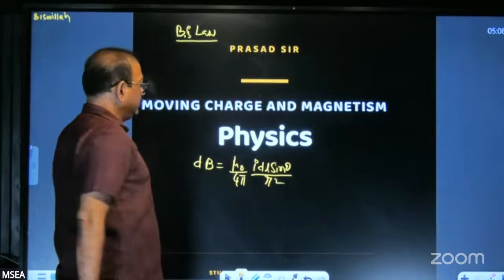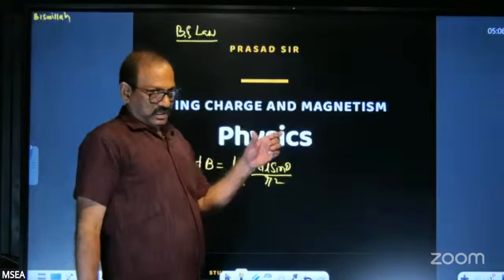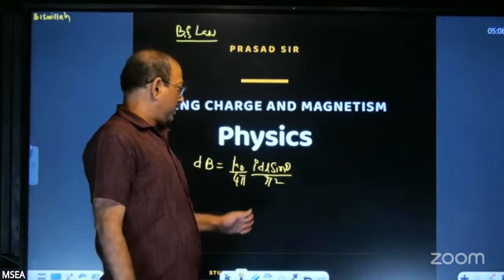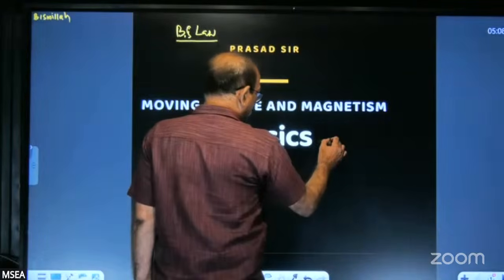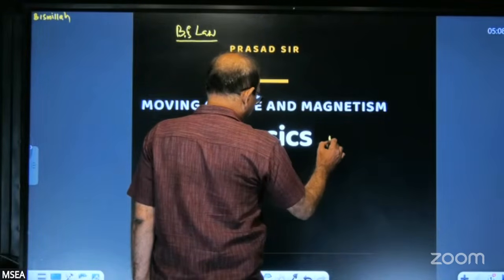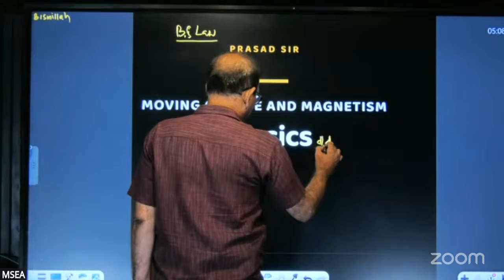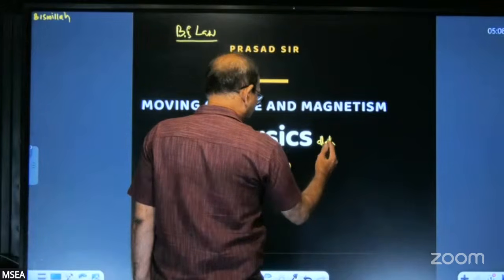I is current, dl is the length of that short element, theta is an angle. Which angle? Suppose this is the short element of length dl and current is in upward direction.